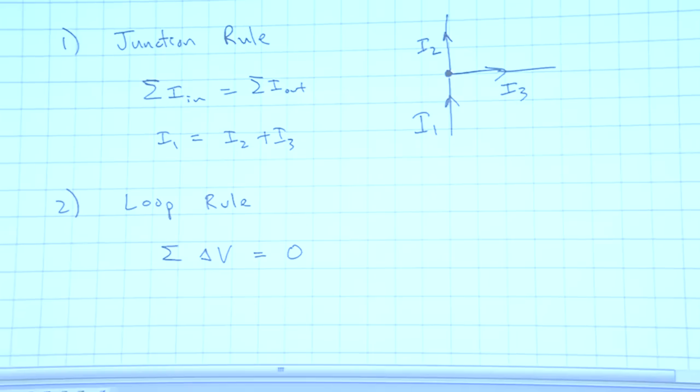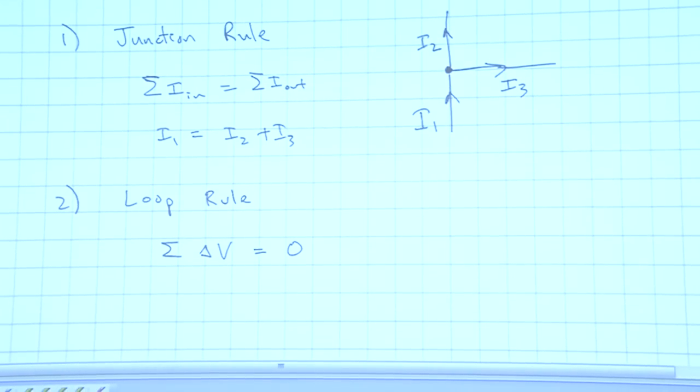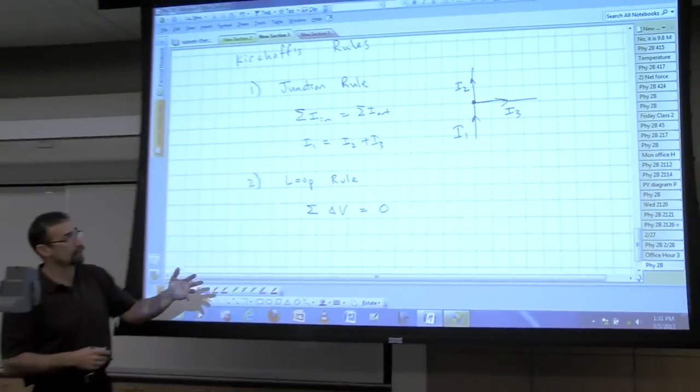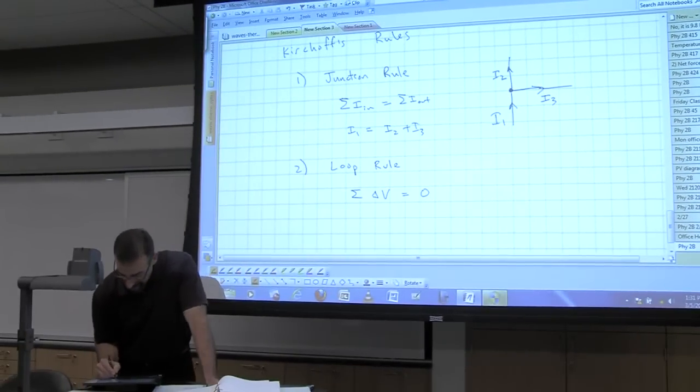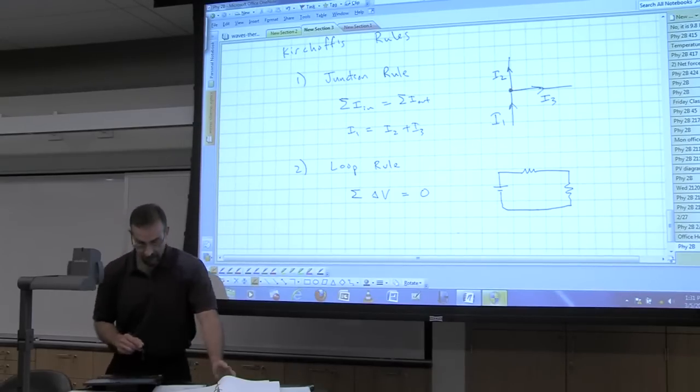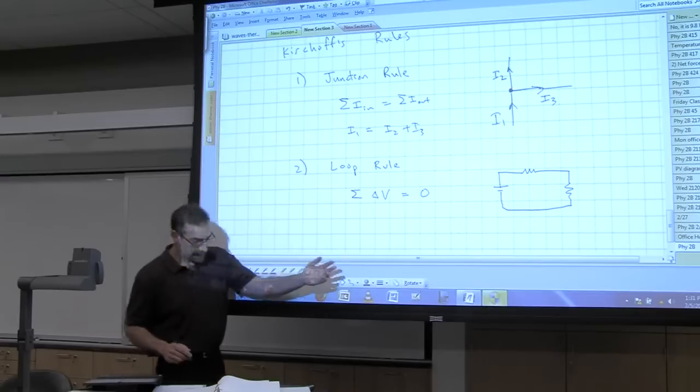Because potentials are like elevation changes on a hiking trail. So you could view your loop as a big hiking trail that comes back to the starting point, right? That makes a loop. You can view your current loop like a, I'll draw a little current loop here. So it's like a hiking trail.